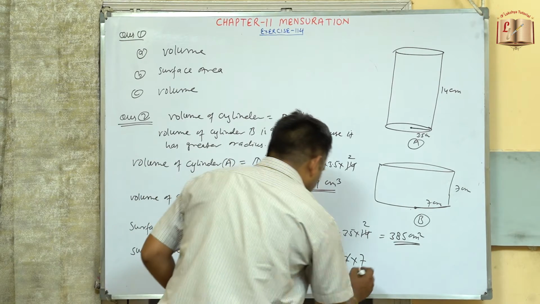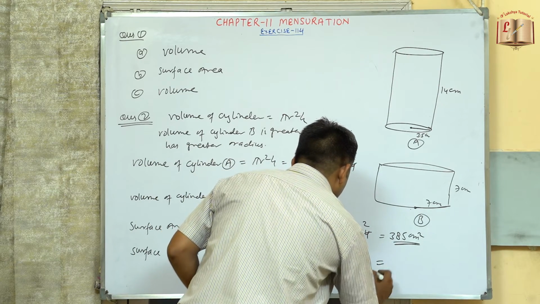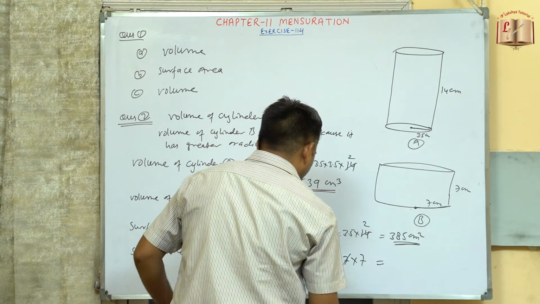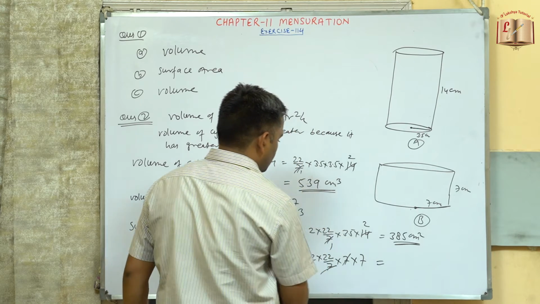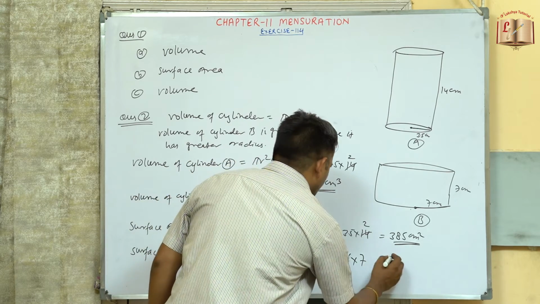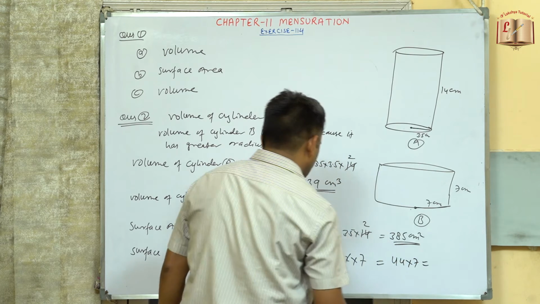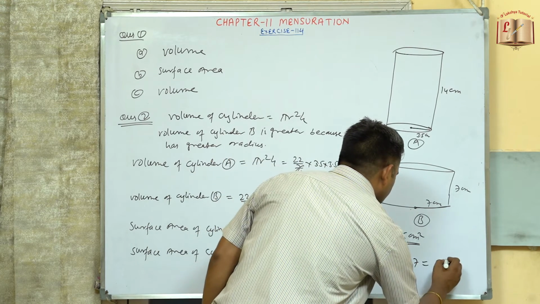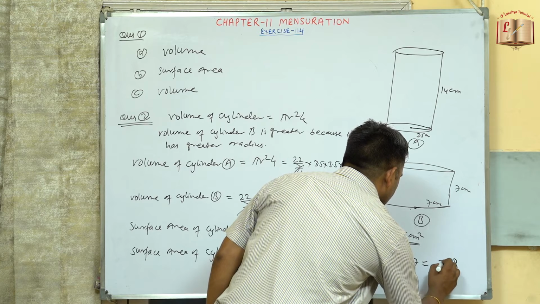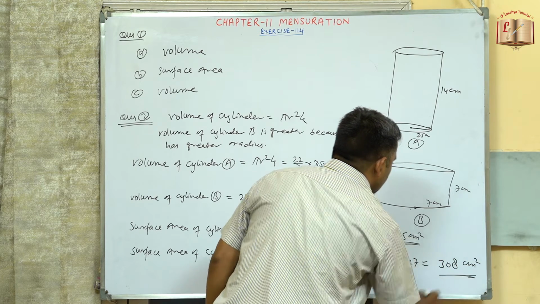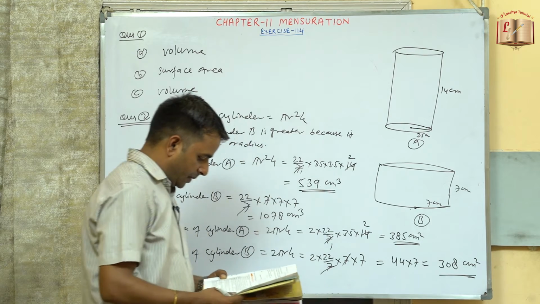So this will be equal to 44 into 7, which is 308 centimeter square.